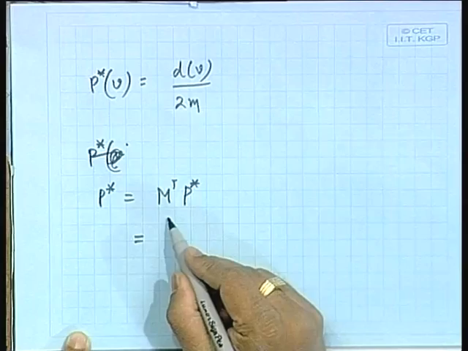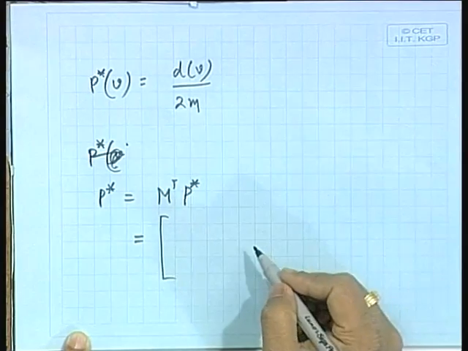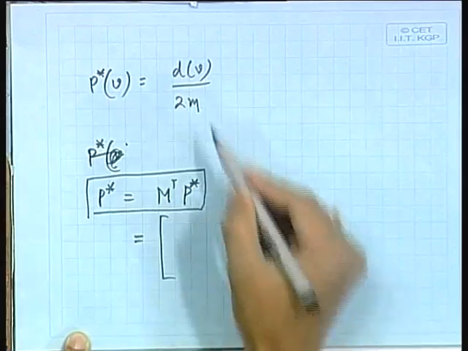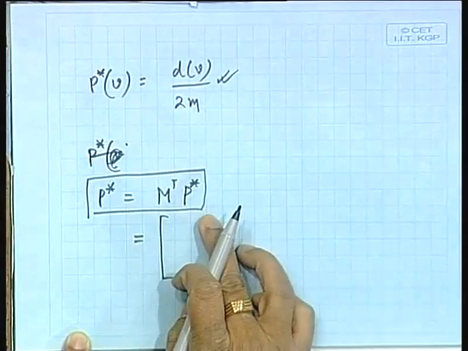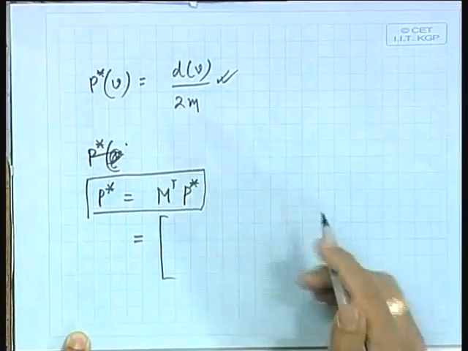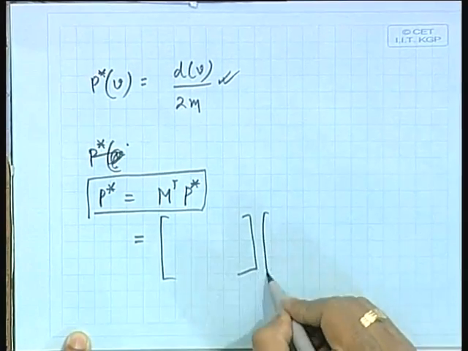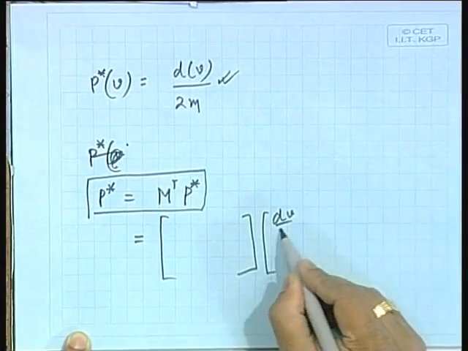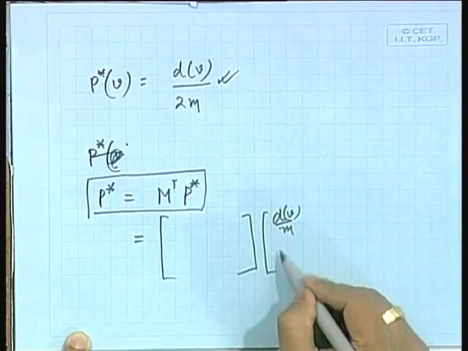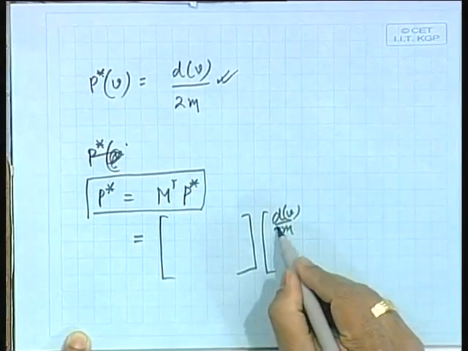So that means even if you continue multiplying with M transpose, nothing changes. Right. So this is the equation. What I am saying is this particular instantiation of P star satisfies this particular equation. P star is the degree of V divided by 2m. These are all degrees divided by 2m.